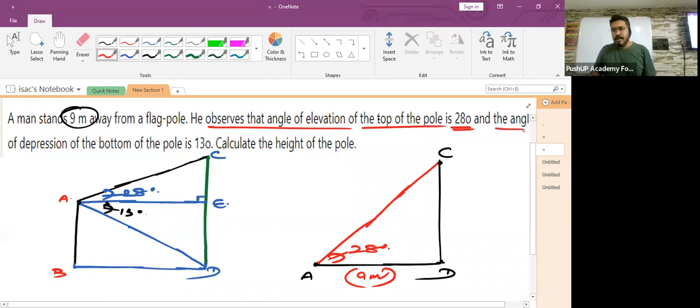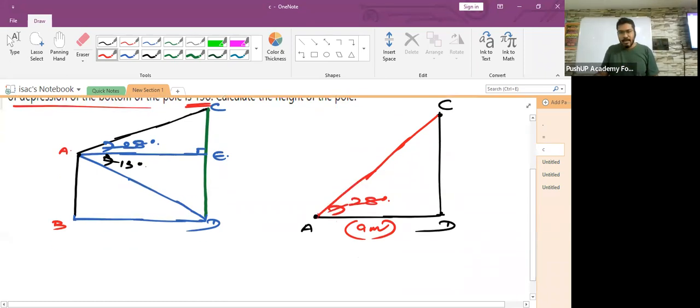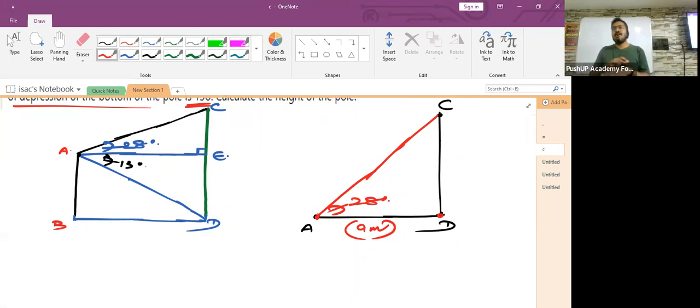When you read that the angle of depression of the bottom of the pole is 13 degrees, gone children. Because how will you draw the angle of depression from this point A to the bottom of the flagpole, which is at point D, isn't it? Because they both are standing on the ground level.